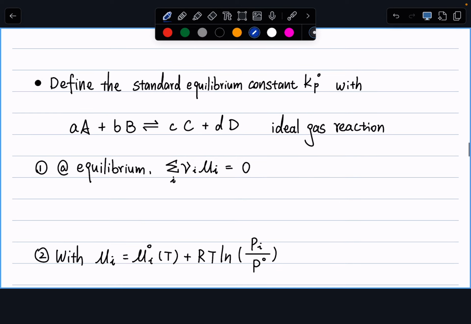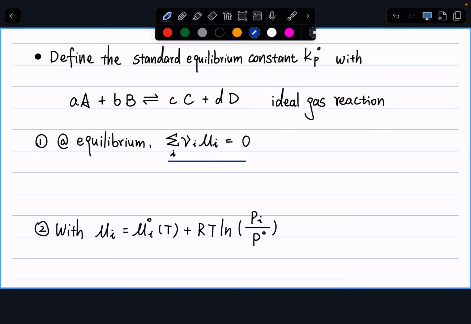A few things we know: from this relationship, we can write the sum of your stoichiometric coefficient times the chemical potential equals 0. So in this case, if we write out each of the terms, we have c times the chemical potential of C plus d times the chemical potential of D minus a times the chemical potential of A minus b times the chemical potential of B equals 0.